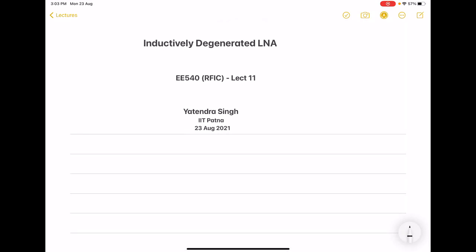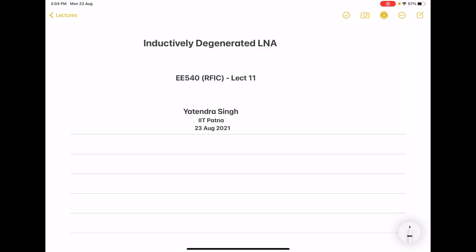So that allowed us to neglect the gate to source capacitor, and that is why all the results were independent of frequency. But if we have a scenario where operating frequency is not very small, comparable to threshold frequency, in that case we will not be able to neglect the gate to source capacitor.